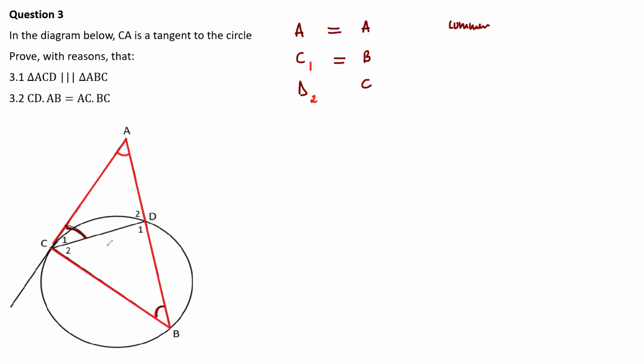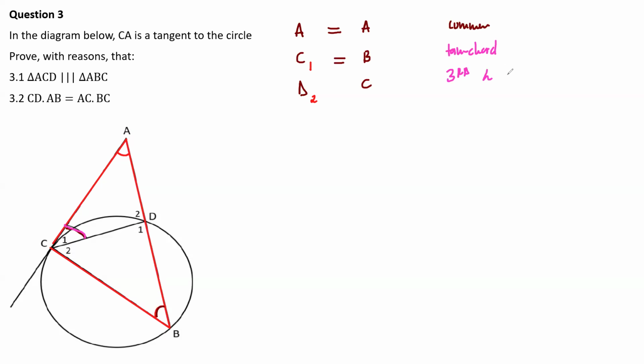Tan-chord theorem. Check. An angle drawn from the tangent to the chord is equal to the angle subtended by the same chord in the alternate segment. Shortcut: tan-chord theorem. I've already proven 2 of them. The last one, let's run away.